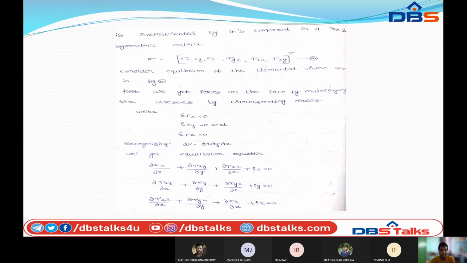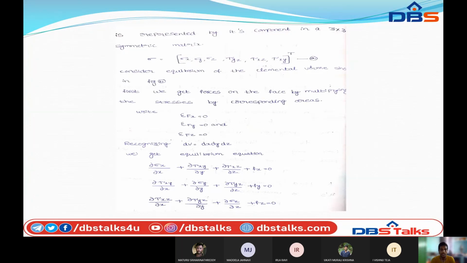After that, we get the equilibrium equation: dou sigma x by dou x plus dou tau xy by dou y plus dou tau xz by dou z plus fx. This will be the force acting on the equilibrium body in the horizontal direction, that means in the x direction.